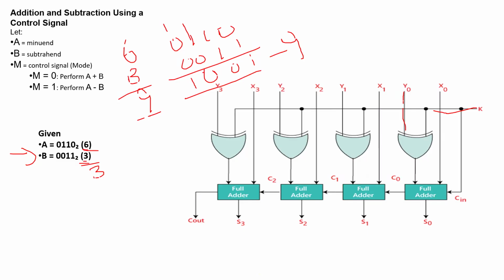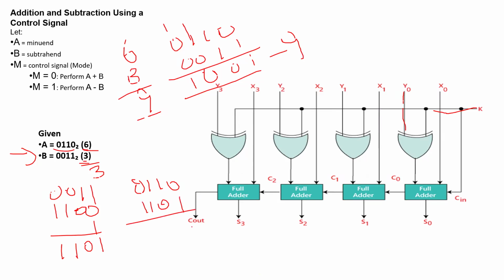So what is the process we have to do for this concept? A plus B's 2's complement. You keep A the same number. First we change B to its 2's complement: B is 0, 0, 1, 1, then we take 1, 1, 0, 0, which is the 1's complement. We add 1 and get 1, 1, 0, 1. Now we add 0, 1, 1, 0 with 1, 1, 0, 1.